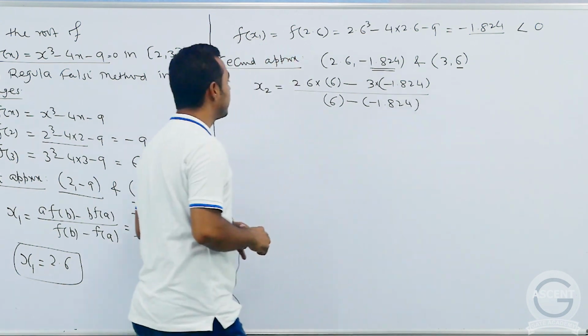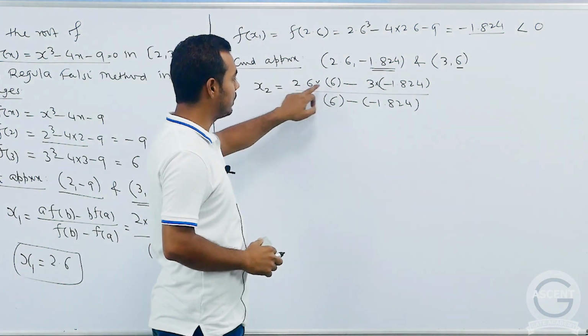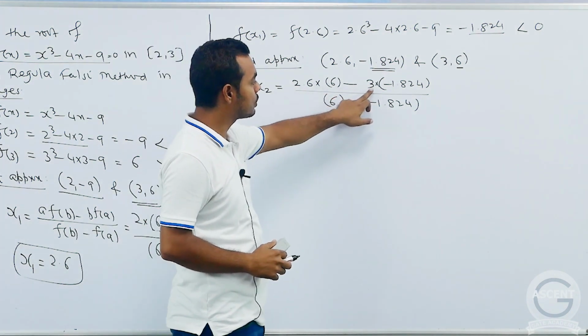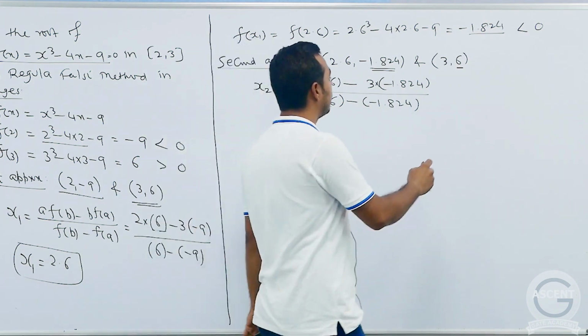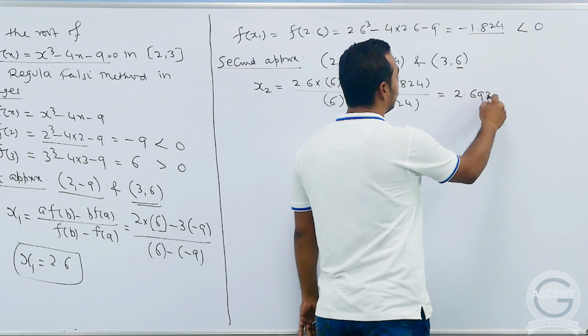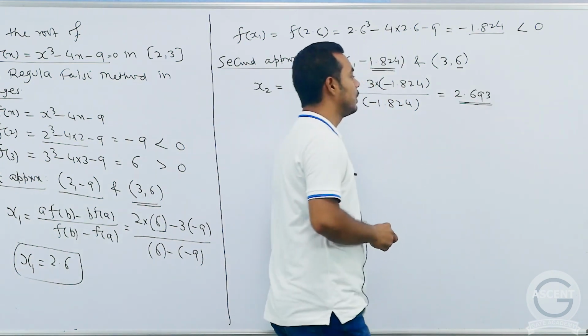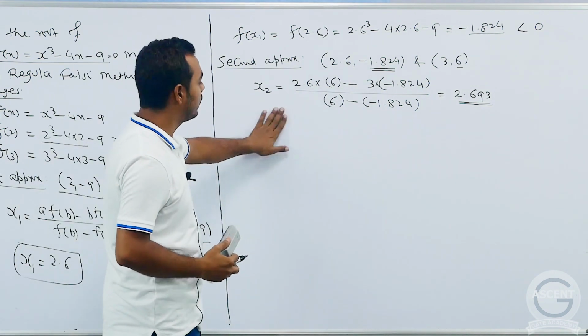This will be the expression for x2: x of first, y of another, minus x of second, y of first, and denominator y coordinate in same order. Now if you perform the calculation, you will find that this number will be 2.693. So the value of x2 will be 2.693.